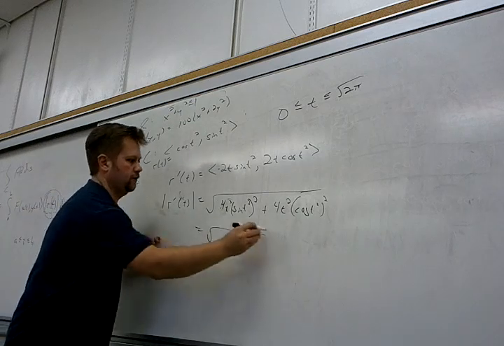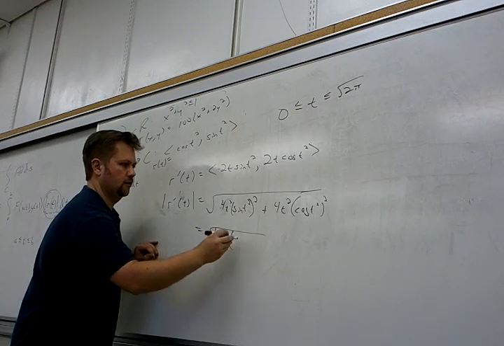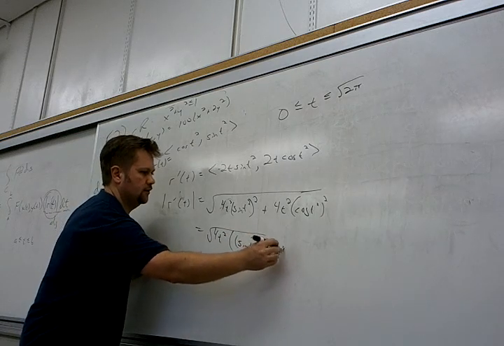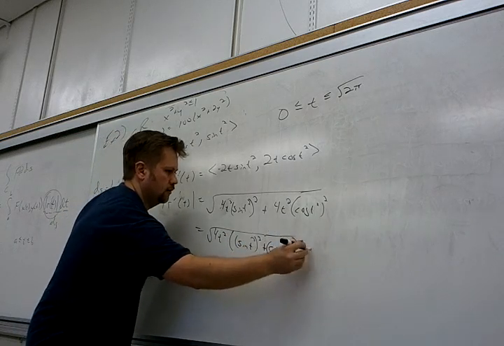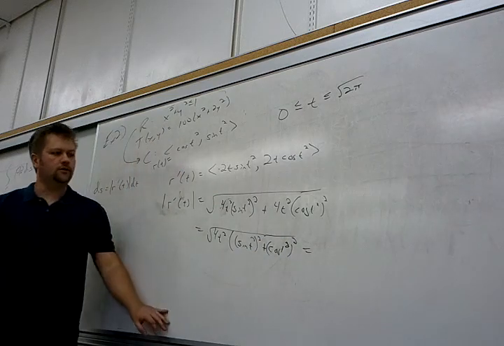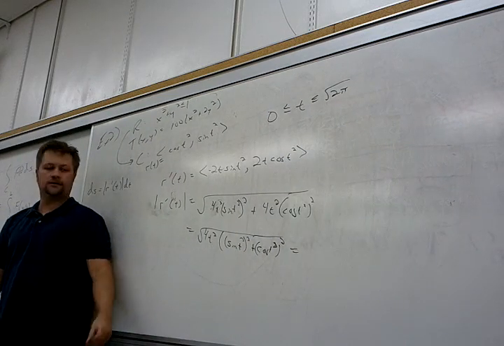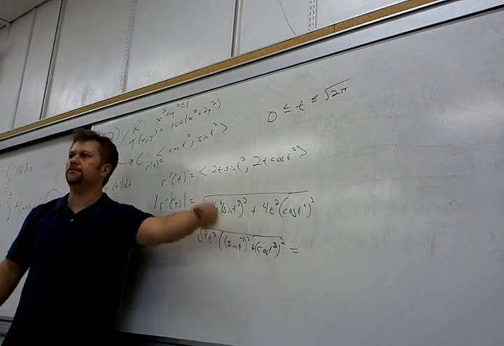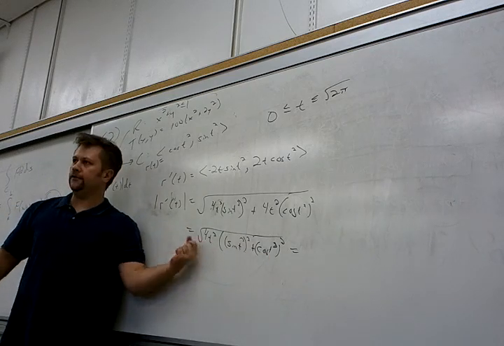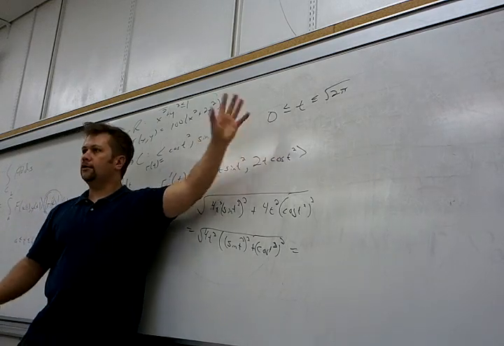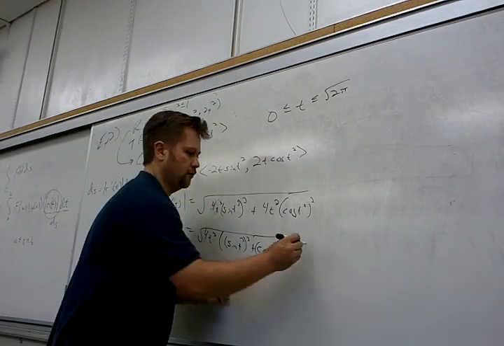So you get square root of 4t squared sine t squared squared plus cosine t squared squared. And I chose to write it like that just because there's too many 2's in there. But it's basically sine squared plus cosine squared, which is, of course, 1. Square root of 4t squared is 2t, because we know t is greater than 0. I don't have to worry about any absolute value.